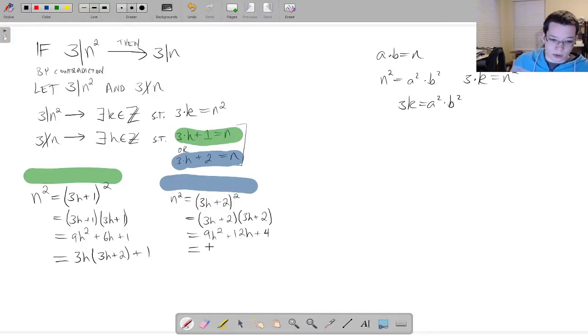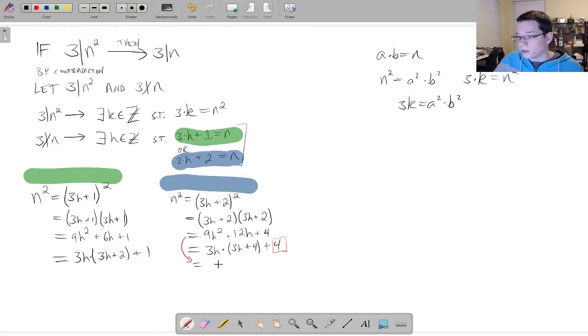And this one is equal to 3h times (3h plus 4) plus 4. Well, but this needs to not be a 4. So what I'm actually going to do is split that 4 up a little bit.